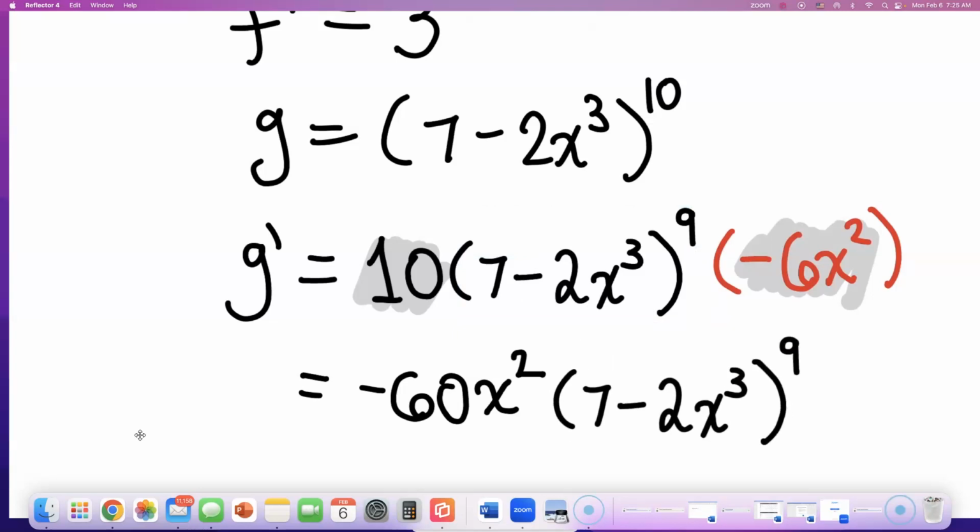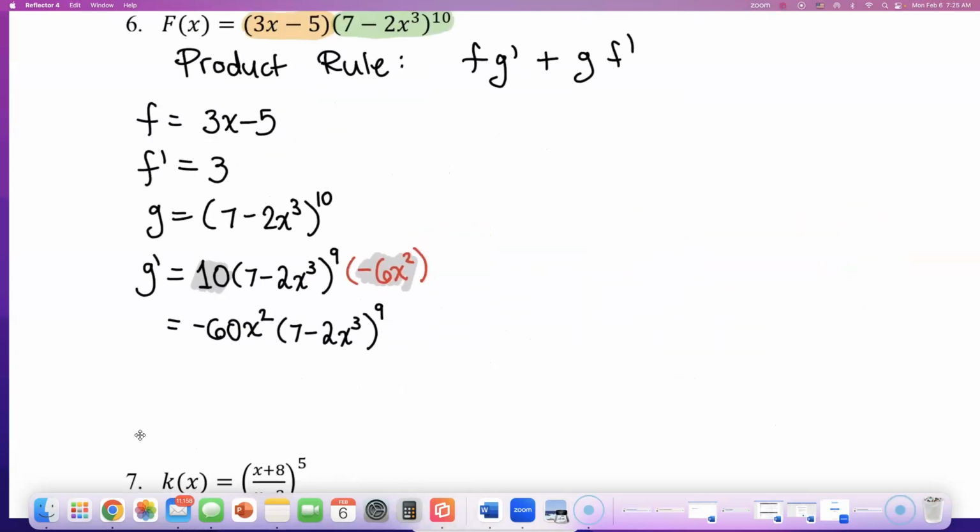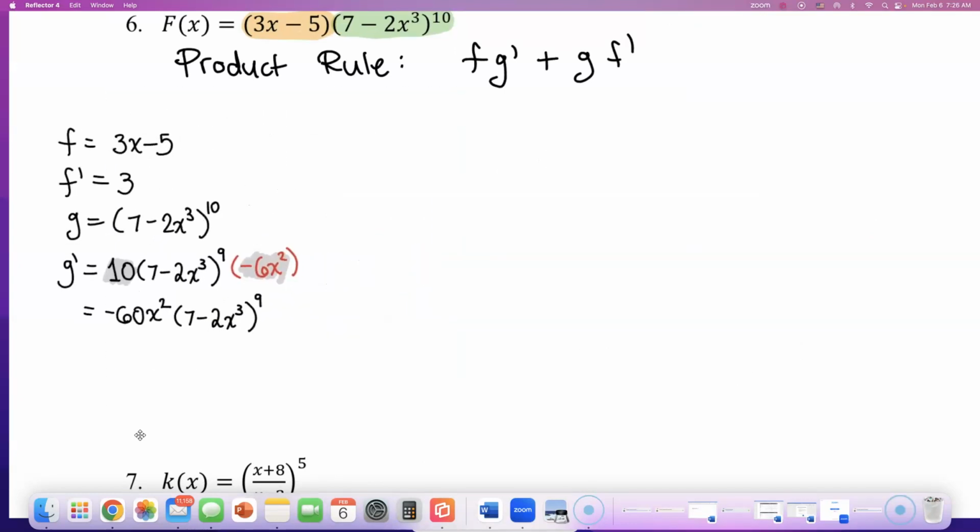Now I'm ready to put these pieces together and do the product rule. So these are my 4 pieces that I will need. So here's the derivative. Big f of x prime equals, start with f. What was f? 3x minus 5.